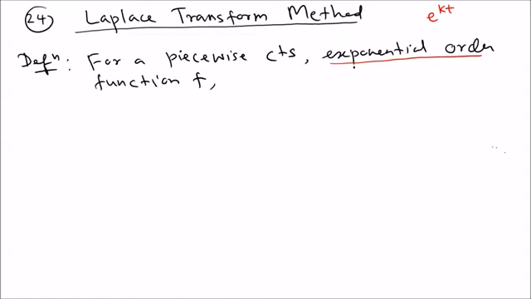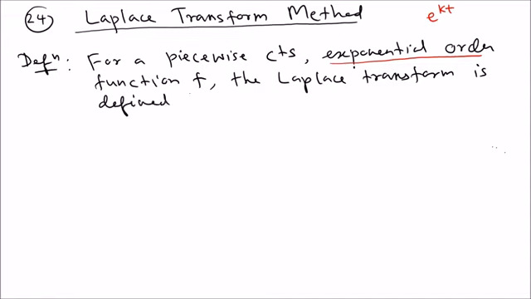The Laplace transform is defined to be, we're going to use this notation, curly L of f equals the integral from 0 to infinity of e to the minus st times f(t) dt.